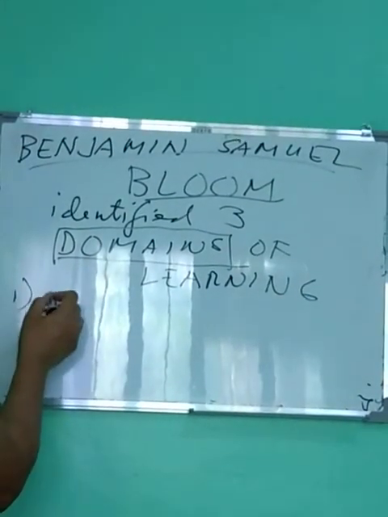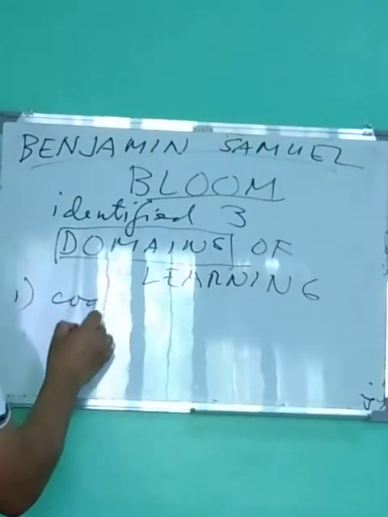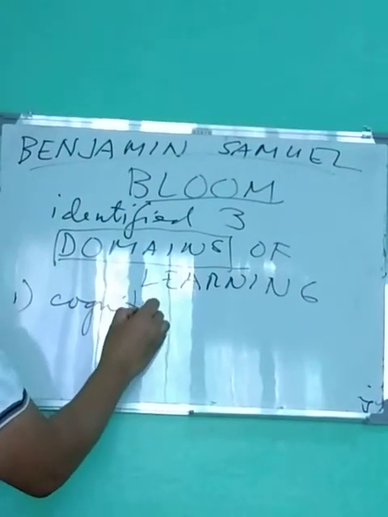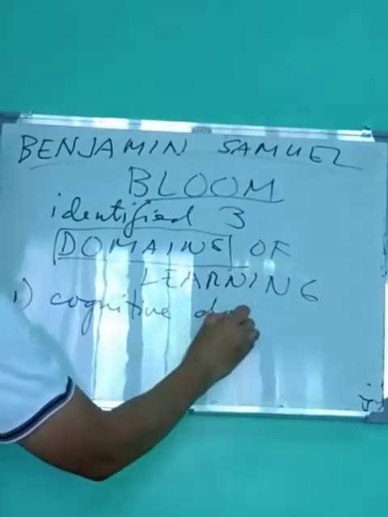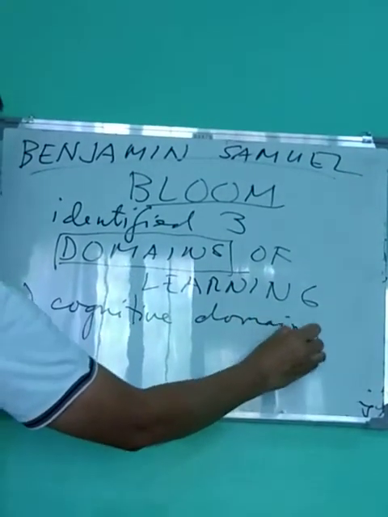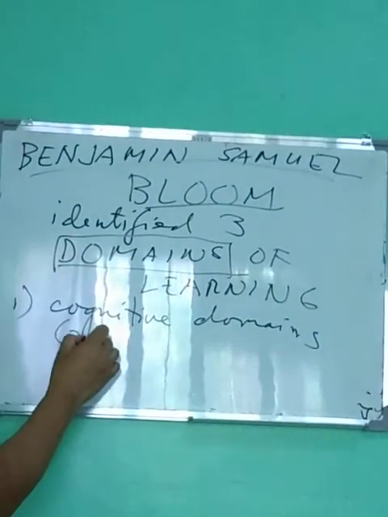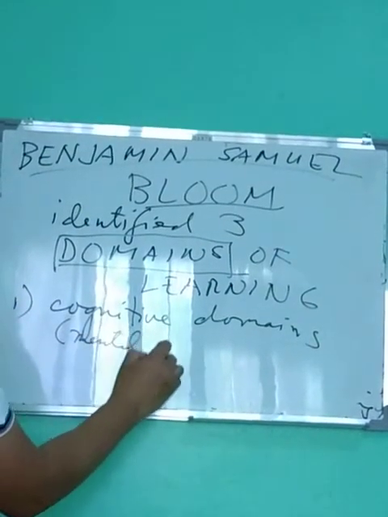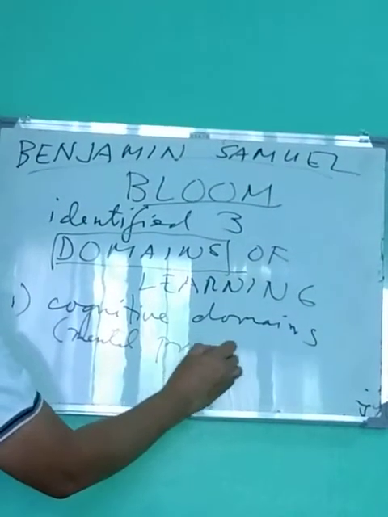The first is what he calls the cognitive domain. And what happens in the cognitive domain? Of course, we are talking about the mental processes or the mind, as I have discussed to you before.